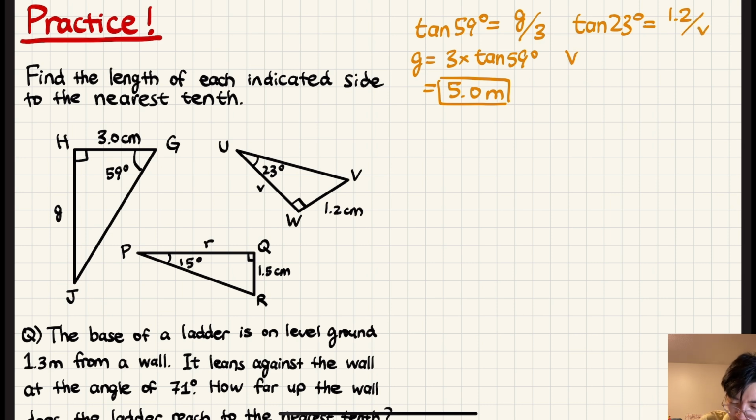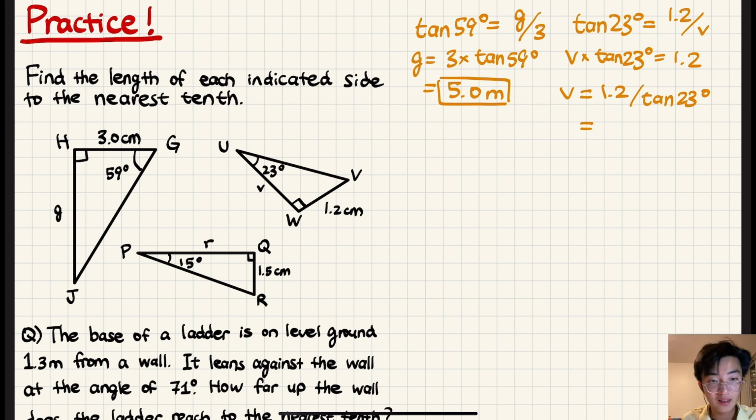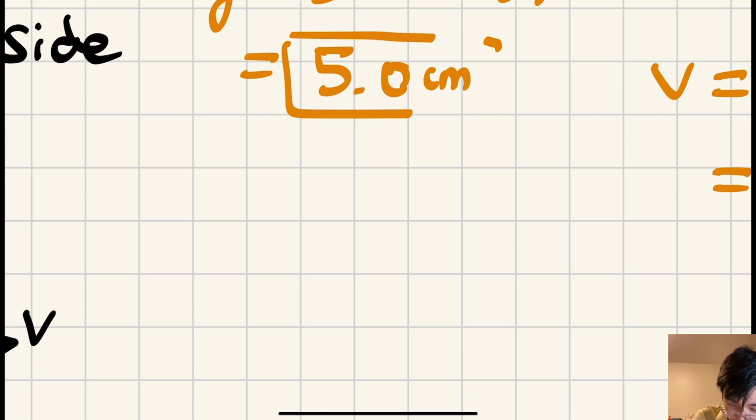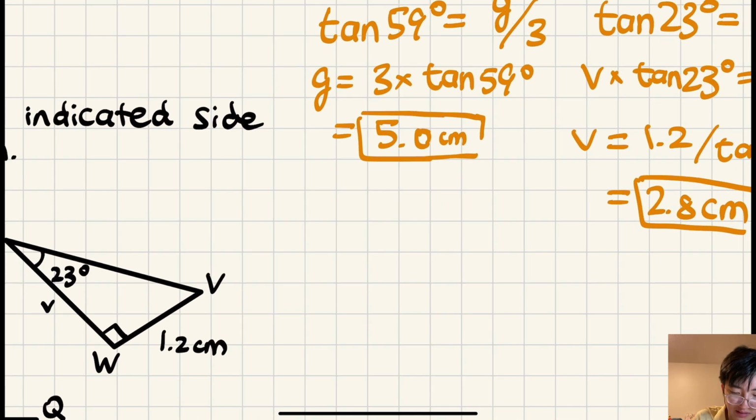We rearrange everything to get v times the tangent of 23 equals 1.2, which is v equals 1.2 divided by tangent of 23 degrees, which is 2.8 meters. Oh, I guess it's centimeters. That's my bad. That will also be centimeters back there. Oops, cm. Okay, here we go.